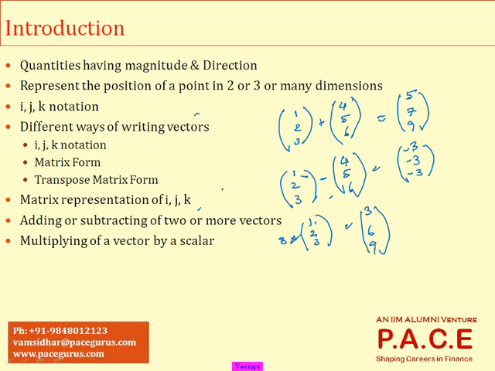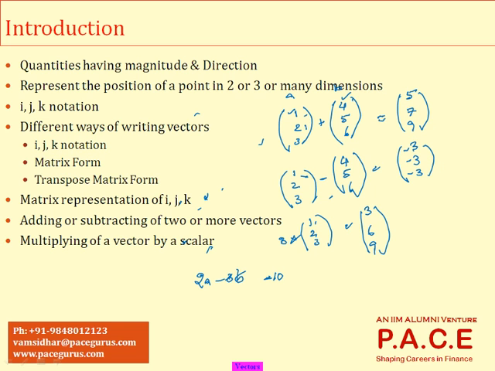And there could be some kind of complex calculations also. Let's say this is a vector A and this is a vector B. The question could very well be to find out 2A minus 3B. The process is the same. 2A is 2, 3B is 12, so 2 minus 12 is minus 10.